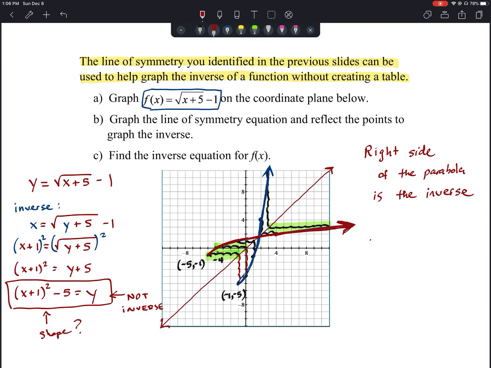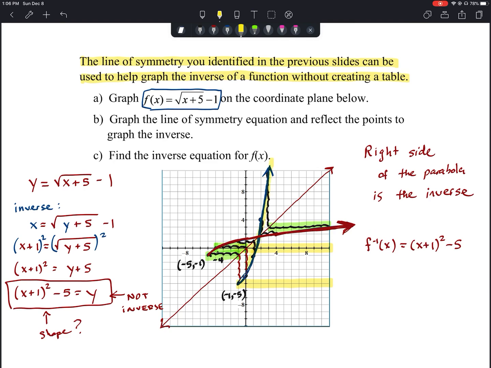So we're going to say our inverse of f is going to equal the quantity of x plus 1 squared minus 5. But if we want to say just the right side of the graph, we're going to be saying on our x-axis, we want to go from just here over all the x values from -1 over this direction, right?